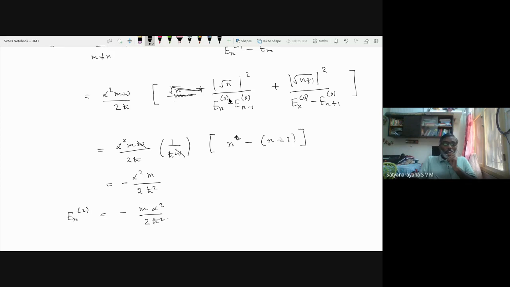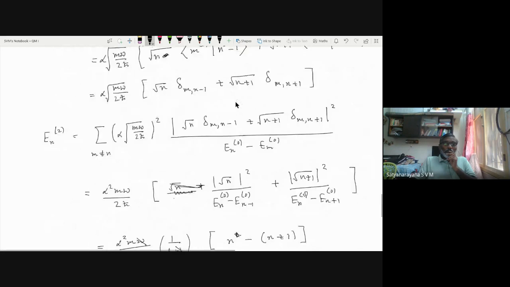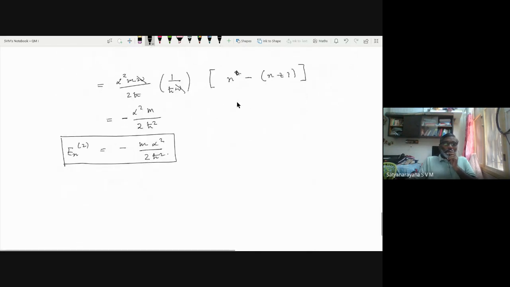Please don't confuse this alpha square to be the fine structure constant. This is just the coefficient of x in the potential perturbation Hamiltonian. So that means all levels are decreased by this term.